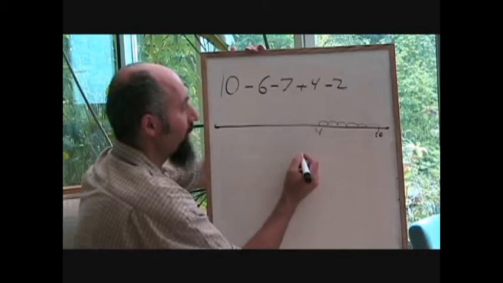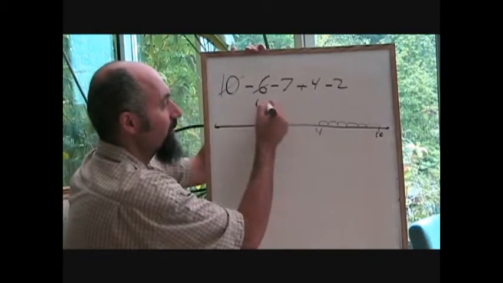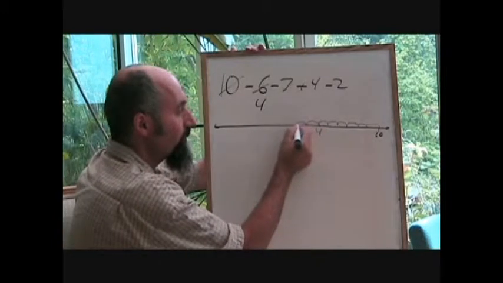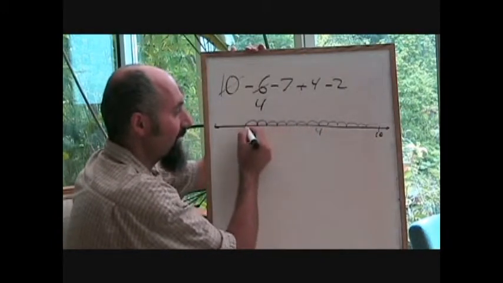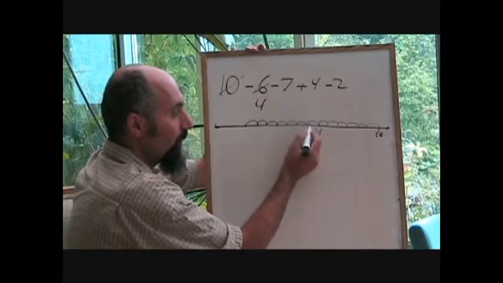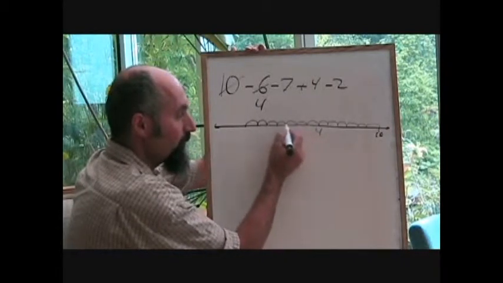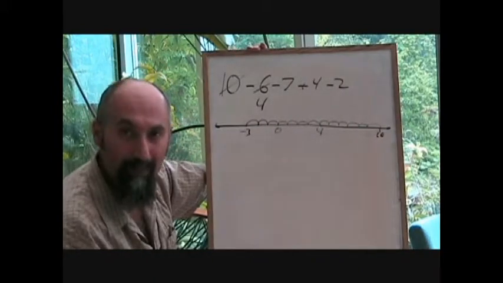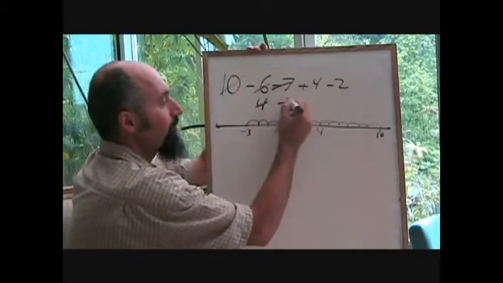So you're at negative 4 here. So negative 10 minus 6 is going to be negative 4. And then you're going to go back another 7. So you're going to go 1, 2, 3, 4, 5, 6, 7. So if you go 1, 2, 3, 4, 3, 2, 1, 0. So that's 0. So you're at negative 3 here. So 4 minus 7 is negative 3.